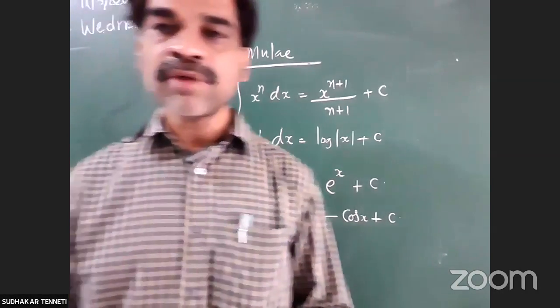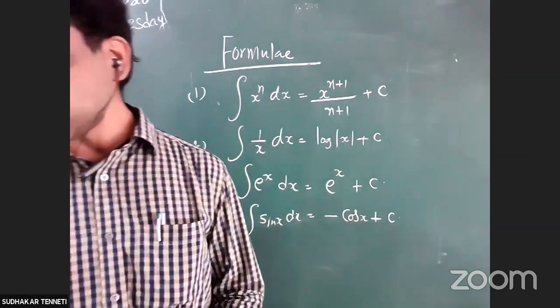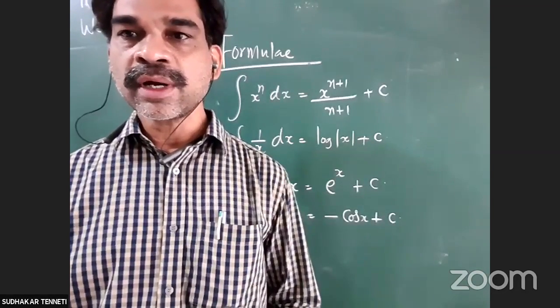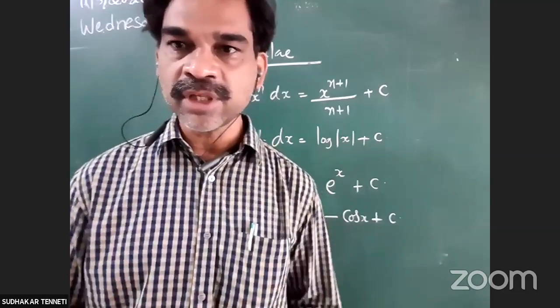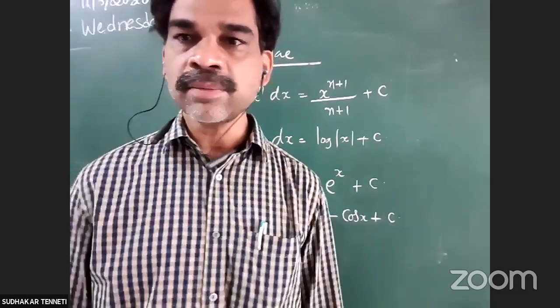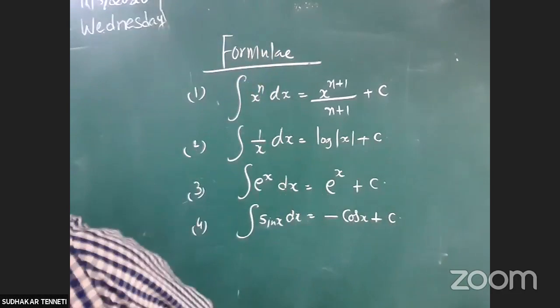Integral of 1 by root of 1 minus x square is equal to sin inverse x plus c. Integral of 1 by 1 plus x square dx is equal to tan inverse x plus c. I think you are all well familiar with these formulae. So let me discuss some problems regarding integration.